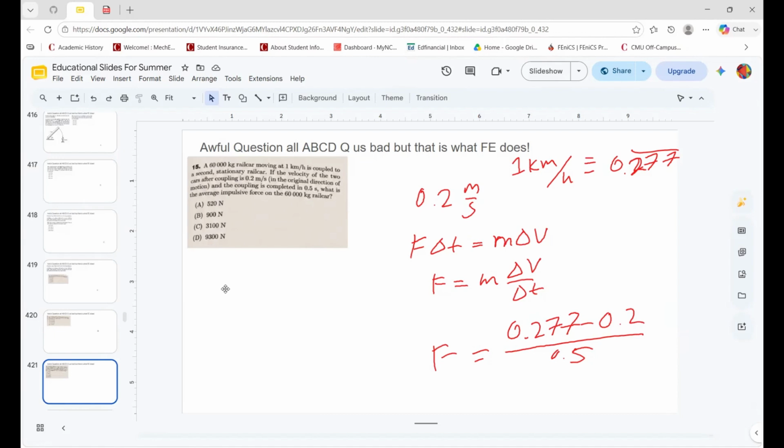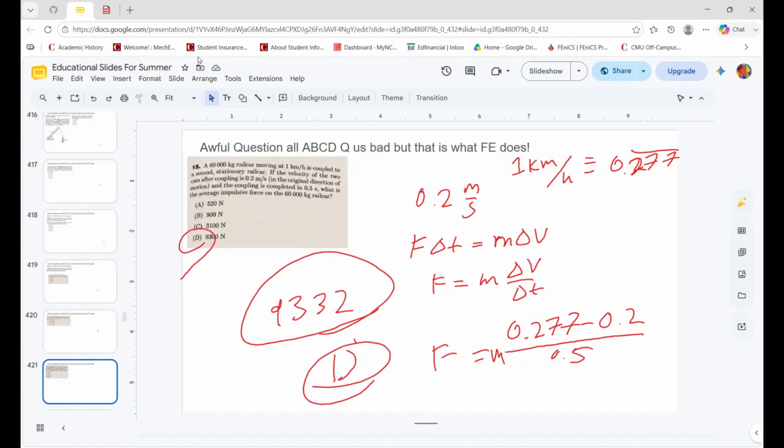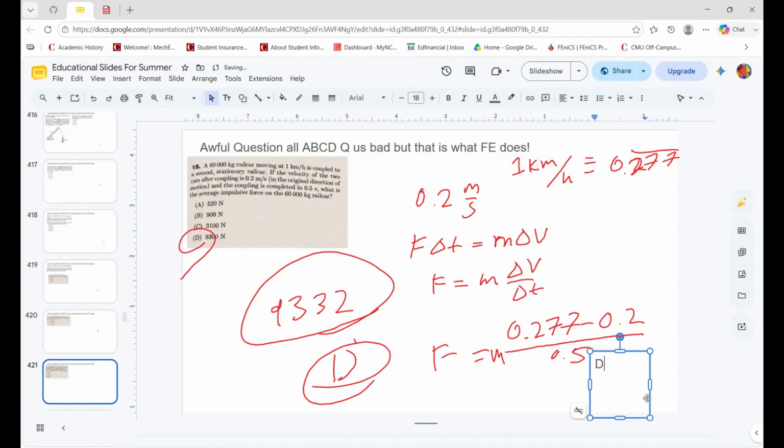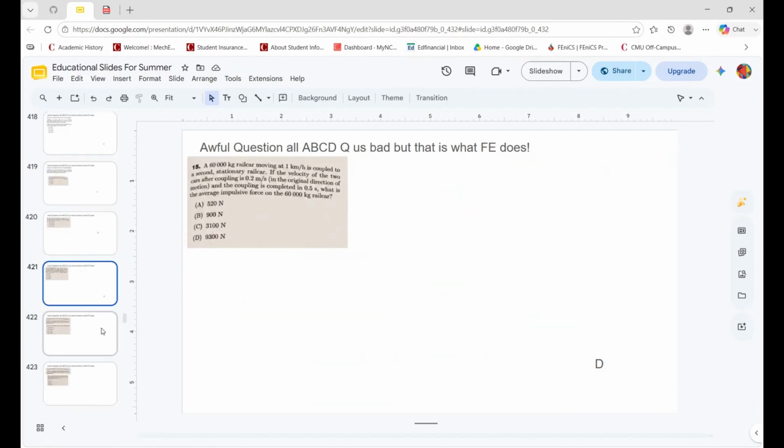I think I forgot the 60,000 on top, so multiply by 60,000, because of the mass. But I'm thinking this might be wrong. Anyways, I get 9332. I'm going to choose D and move on. I think the direction is wrong, but we'll adapt. We'll say it's fine. It's D.